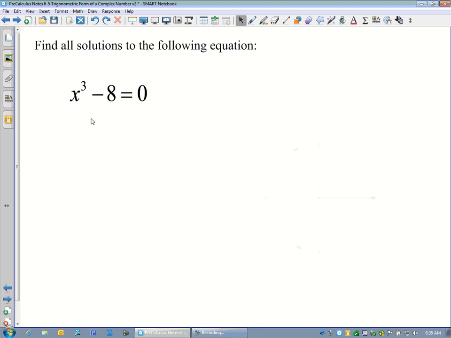Or you should have also learned when dealing with polynomials that you can use the rational root theorem to test for possible rational roots. You look at the factors of the constant over the factors of the leading coefficient, which in this case is 1. So we could have plus or minus 1, 2, 4, or 8, which are the 8 possible rational roots of this polynomial.